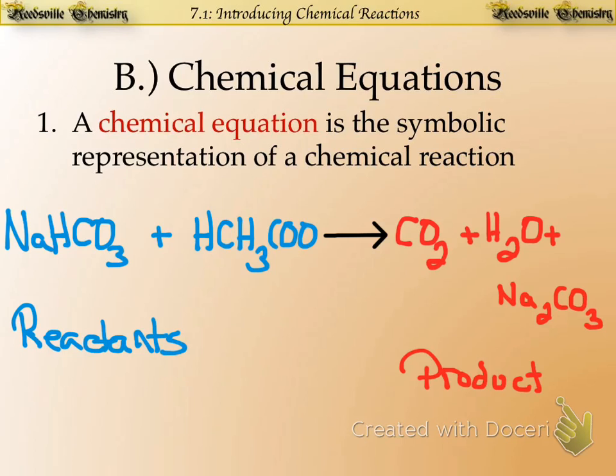The yield arrow is the arrow in the middle that separates products from reactants. If we have a catalyst, like I did in the demonstration today with the potassium iodide, we put the catalyst on top of the arrow, because a catalyst isn't used in a chemical reaction. It just speeds up a chemical reaction.